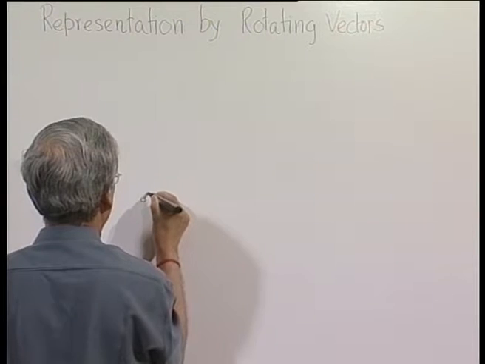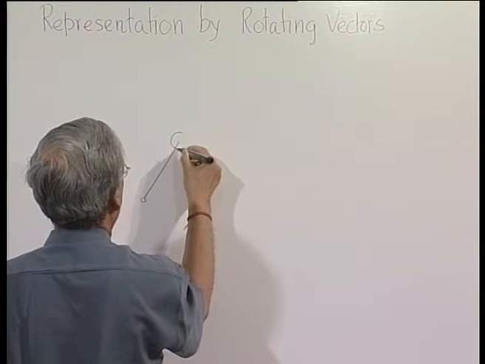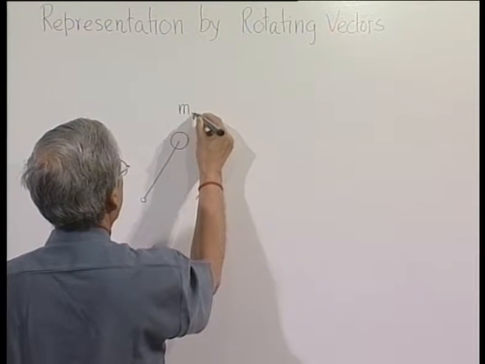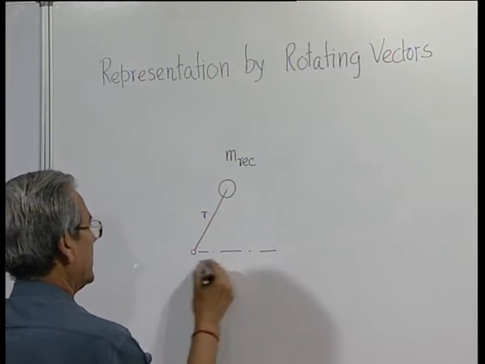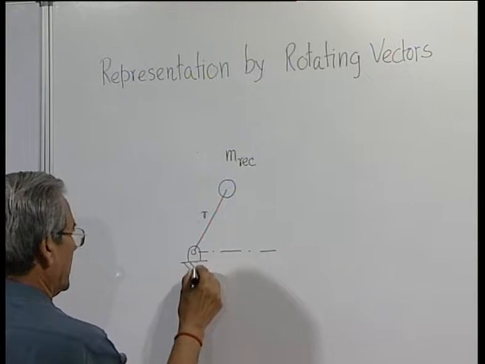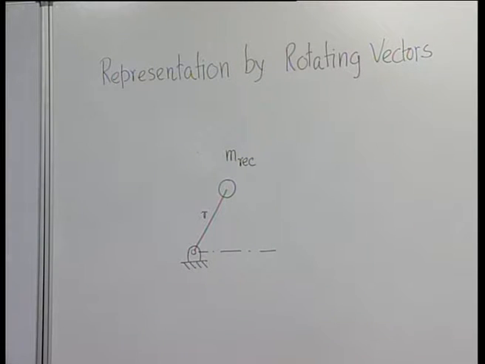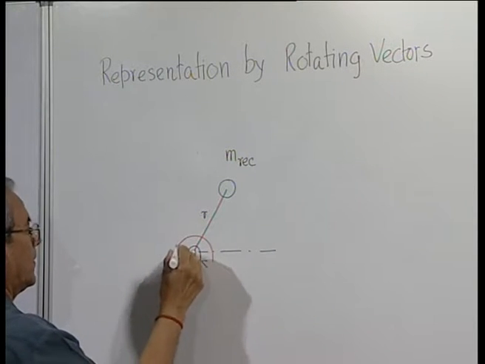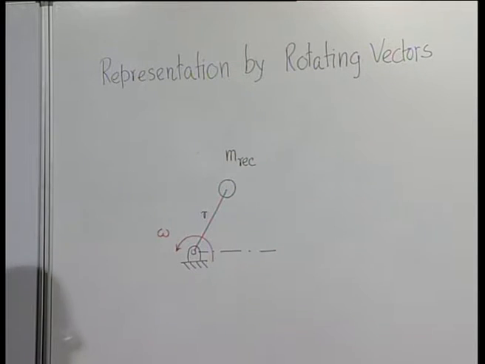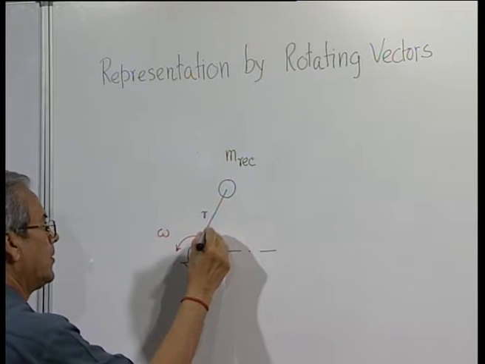so, if we consider that the reciprocating mass has been kept at the crank pin and this is the crank which is rotating with an angular velocity omega like the actual crank, and therefore, this angle will be omega t.